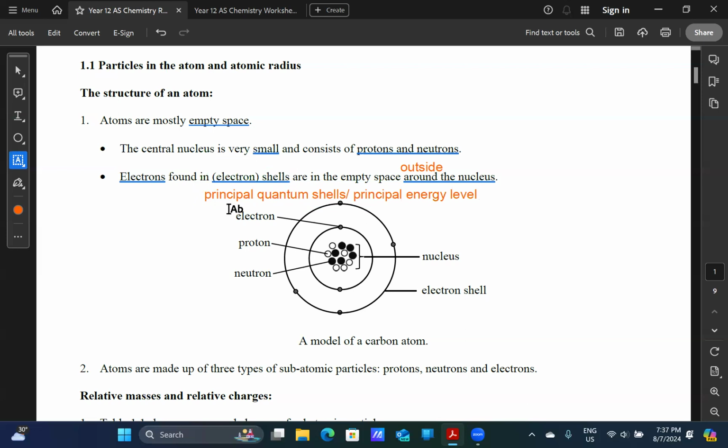So electron shell, principal quantum shell, and principal energy level actually refer to the same part. As you can see, for the electron shell that is closer to the nucleus, there are only 2 electrons. Further away from the nucleus, the second shell contains 4 electrons because this is the carbon atom.